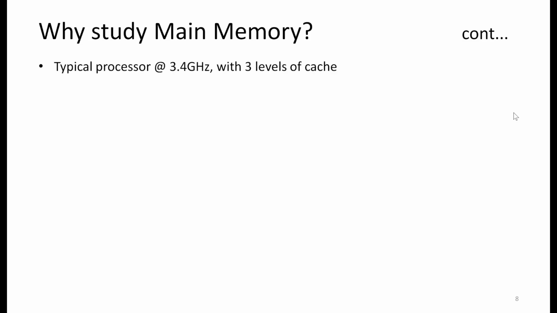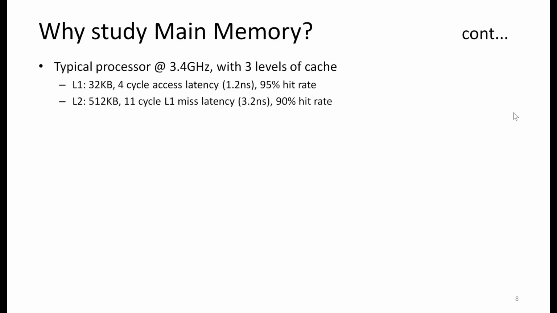Let's say we have a processor with a core running at 3.4 gigahertz and it has 3 levels of cache. Let's say L1 is 32 kilobyte in size and its access latency is 4 cycles and the hit rate is 95%. L2, let's say, is 512 kilobyte with 11 cycles miss penalty from L1 point of view and its hit rate say is 90%.